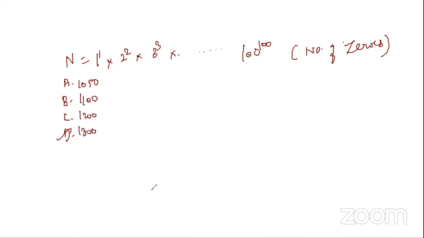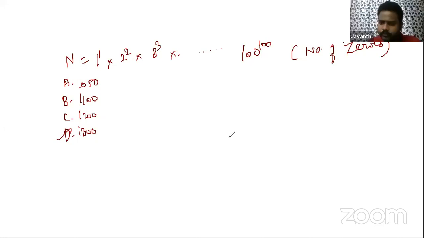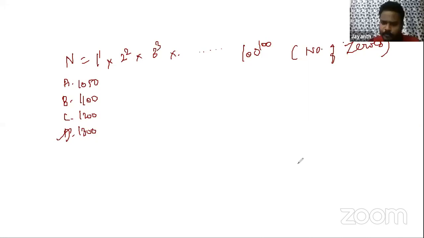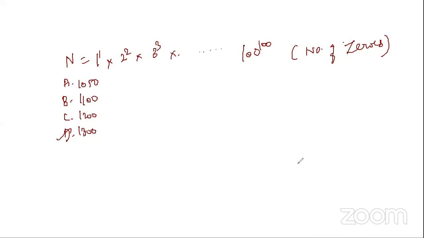Yes, Kavipriya, can you explain to your friends how it is 1300? Because you have commented 2 times. 1300, 1300. Can you explain to your friends? Do you want to give a try or not?